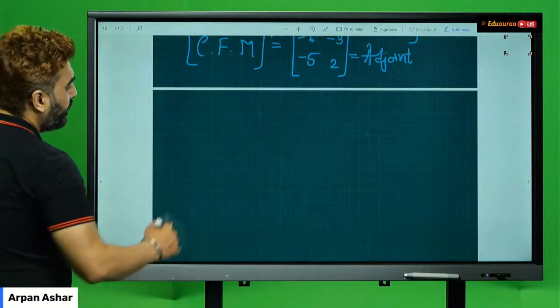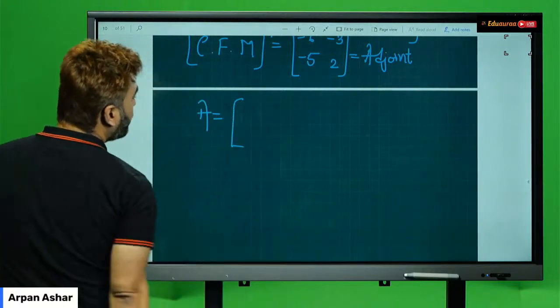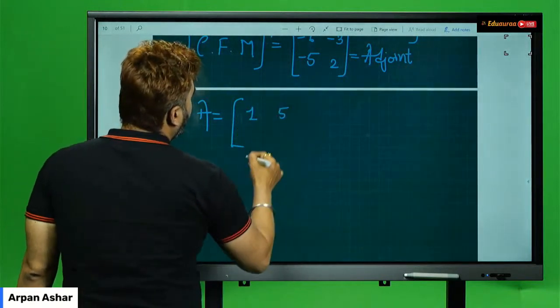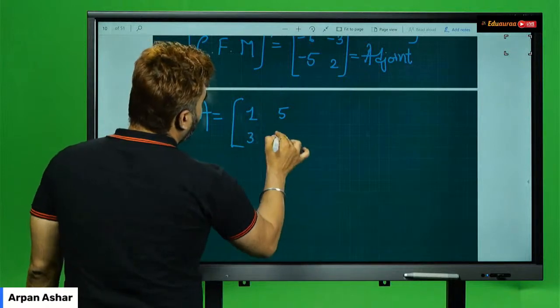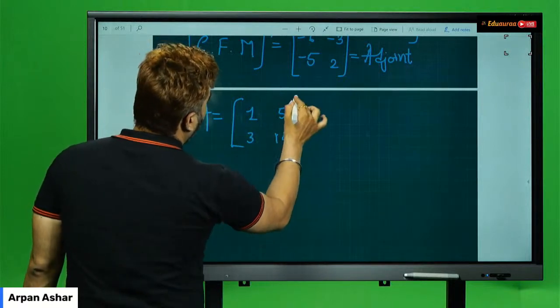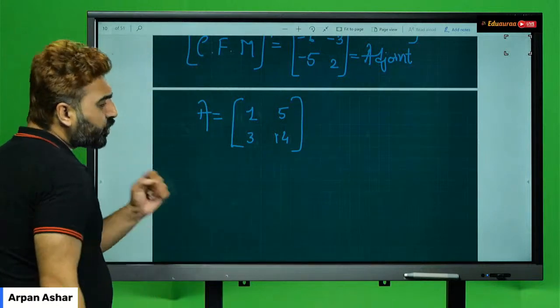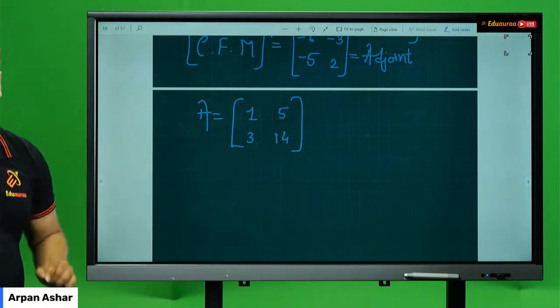Let's consider one sum. So if we are given A is equal to some matrix 1 5 3 14. So first of all we need to find inverse of this matrix.